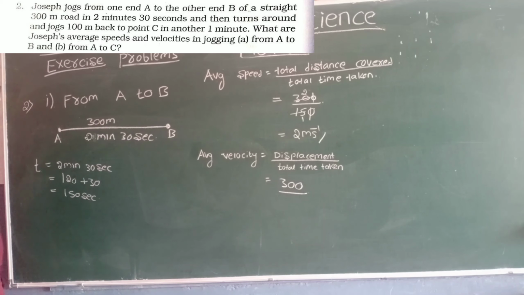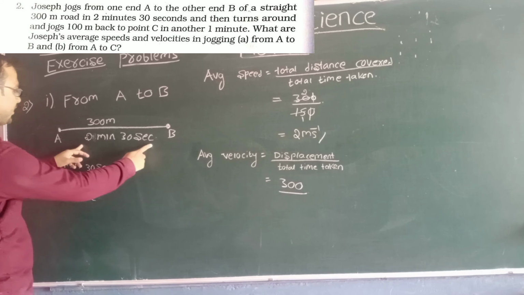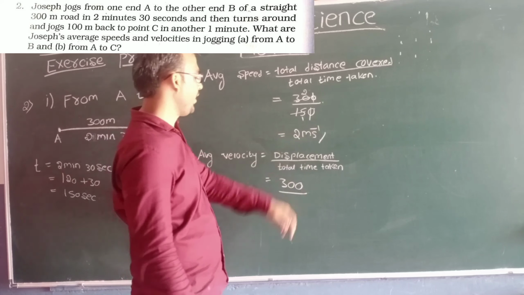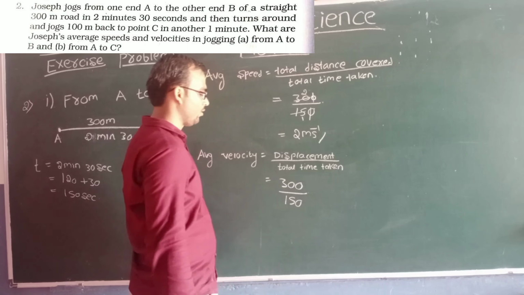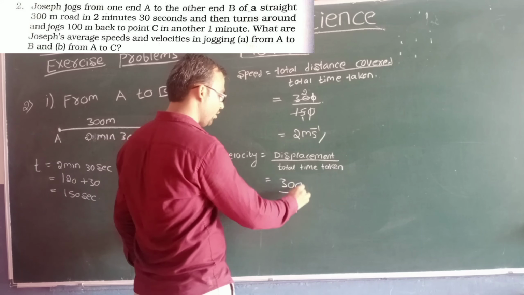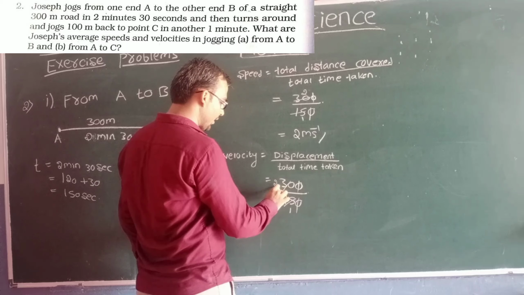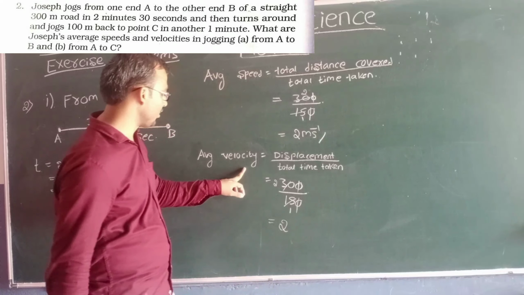The total time he has taken is 2 minutes 30 seconds, that is 150 seconds. Again the 0 gets cancelled, 15 ones are 15, 15 twos are 30. So the velocity is 2.